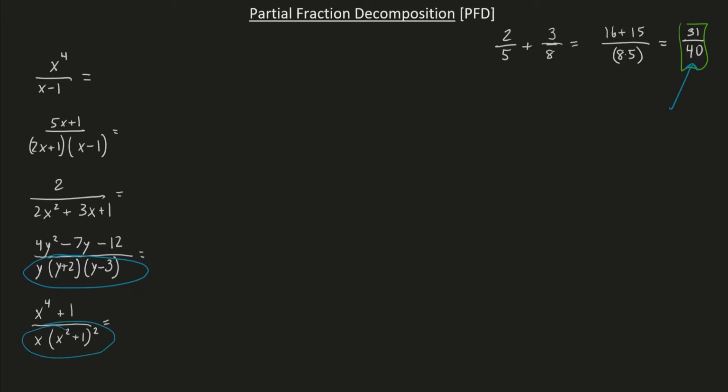This one right here is one linear equation, that's x, and two quadratic equations, x squared plus 1. And there's two of them because of that squared. Here we got two linear equations getting multiplied by each other, and here we just have one linear equation. So for all these blue guys here, we don't need to do anything. We've already split that denominator.